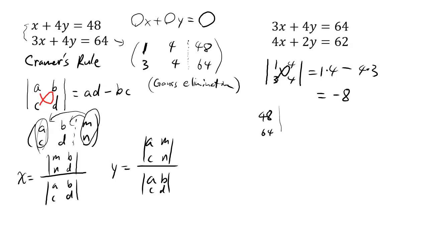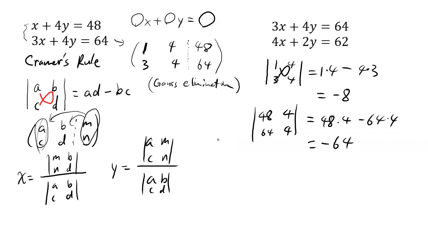So this thing 48, 64 replaces the first column, and therefore you should be writing 4 here. Let's find the determinant, and this will be 48 times 4 minus 64 times 4. And my calculator says that's negative 64.